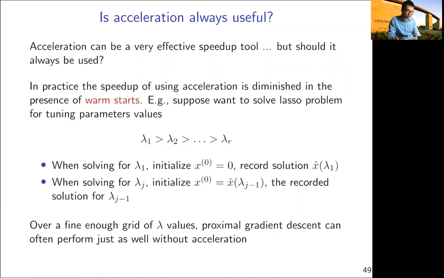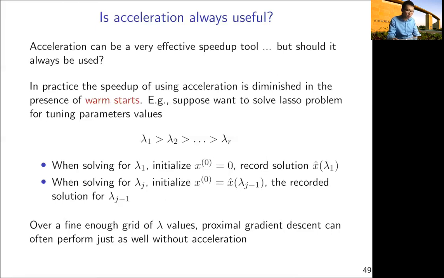So this requires us to tune a bunch of lambdas. So there are approaches that can allow us to solve the entire problem a lot faster than simply taking a random or zero initialization and solving each one of these optimization problems separately. So that's called warm start.